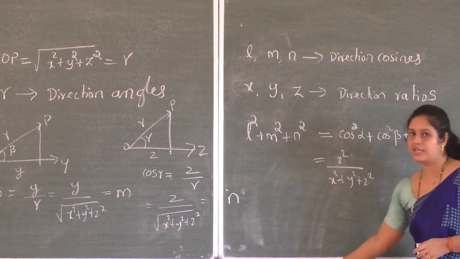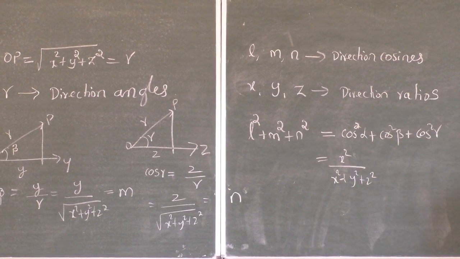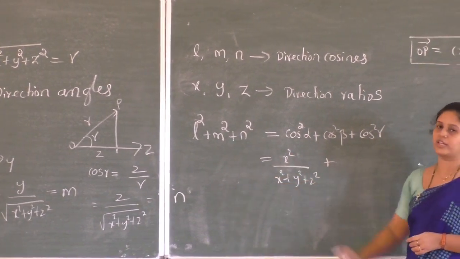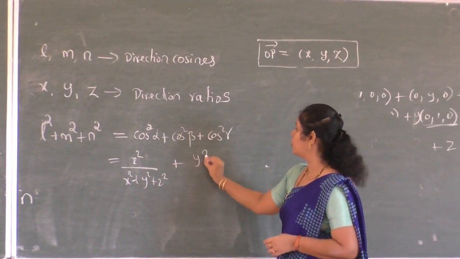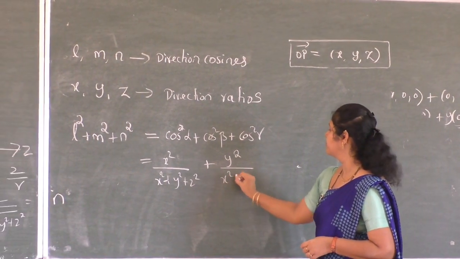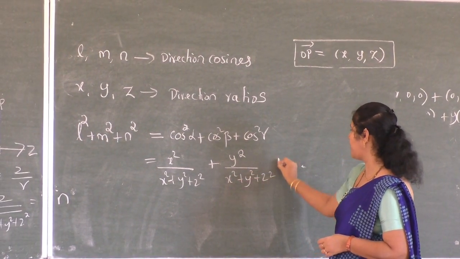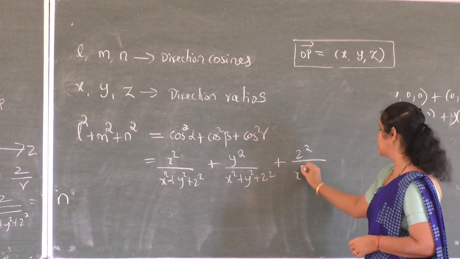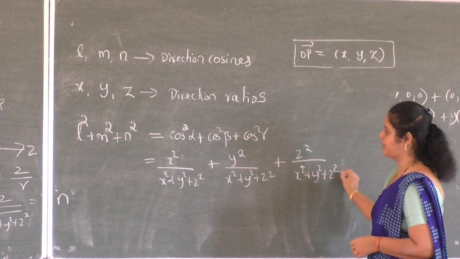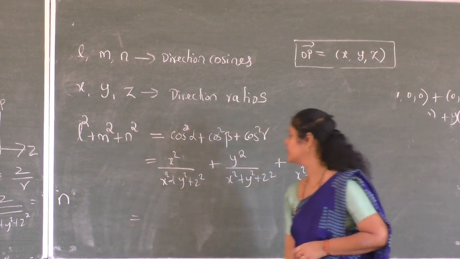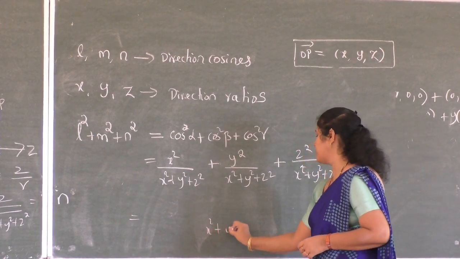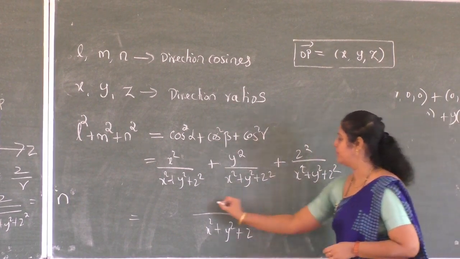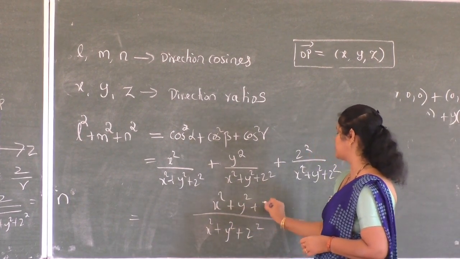Then cos square beta: cos beta is y by root of x square plus y square plus z square, so cos square beta is y square by x square plus y square plus z square. And cos square gamma is z square by x square plus y square plus z square. Now taking the LCM, which is x square plus y square plus z square, the numerator becomes x square plus y square plus z square.